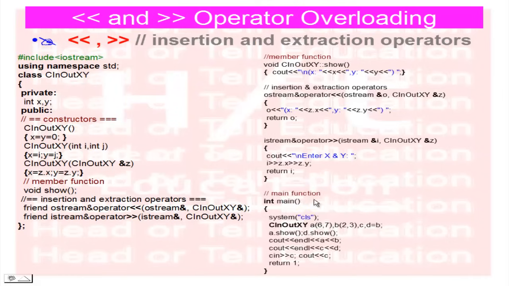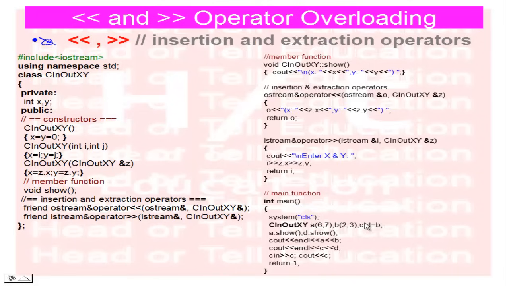So this is the main function in C++. We created objects of the class x y. The first variable is a, with default values 6 and 7, then b with 2 3. One more is created, c, and a fourth variable d equal to b.